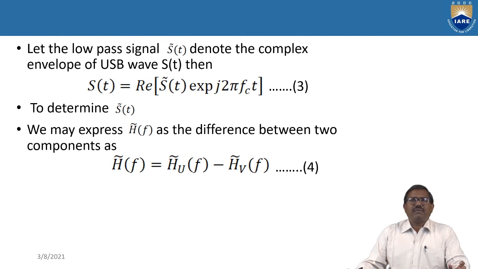We may express the transfer function of this filter as the difference of two components, that is H tilde of f is equal to the upper transfer function minus HV of f. So these are the transfer functions of the filters.